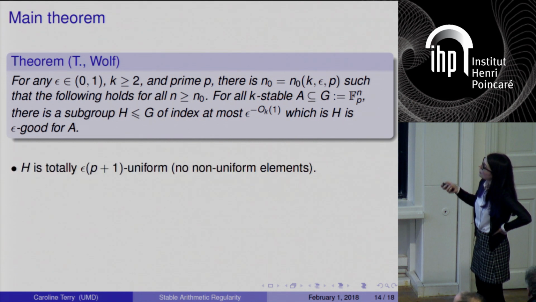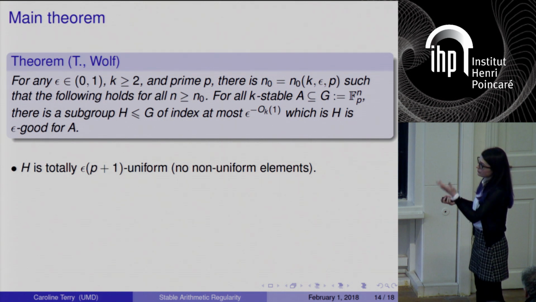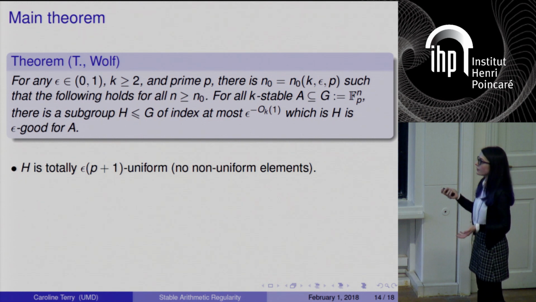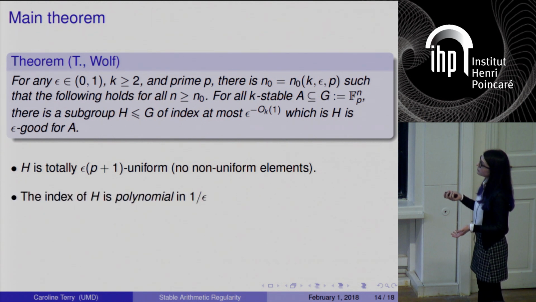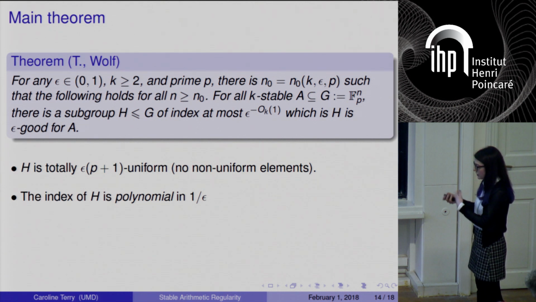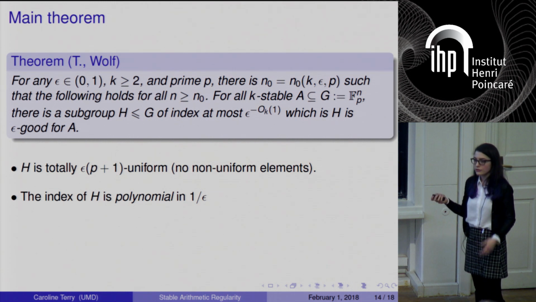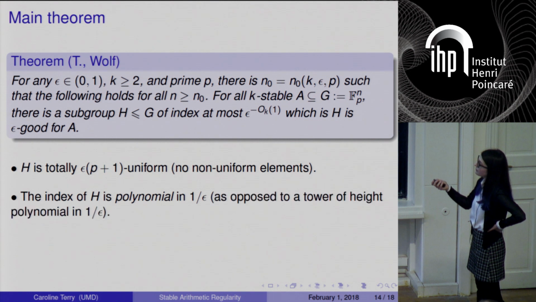There's a lot going on here, so let's point out the important things. As we said on the previous slide, because H is epsilon good for A, it's totally epsilon p plus 1 uniform. So there are no non-uniform elements, which we think of as our analog of no irregular pairs. The index of H is polynomial in 1 over epsilon. Remember, in the general arithmetic regularity lemma, this was a tower of 2's of height polynomial in 1 over epsilon, so it's much better here.